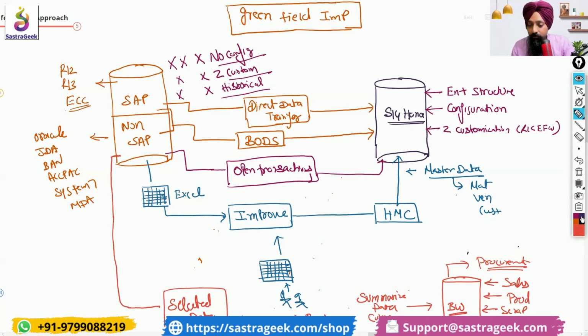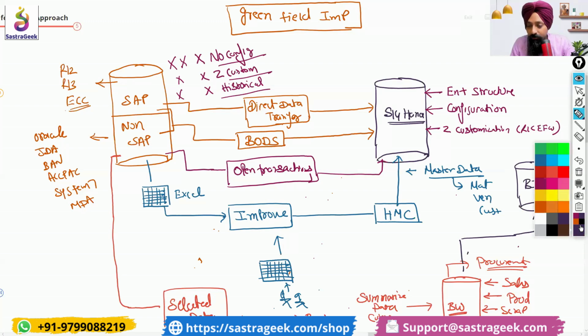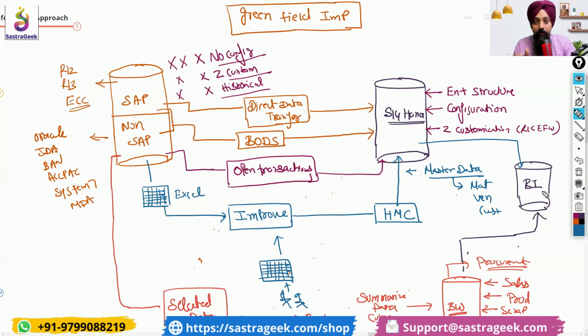And then we also use one more product. From this BW, we take this data for analytics into the BI, and we have done this for a couple of clients. On the other hand, we also bring the S/4HANA data into the BI. From here, you can generate reports which show your current data in S/4HANA and the historical data coming from BW, Business Warehouse.